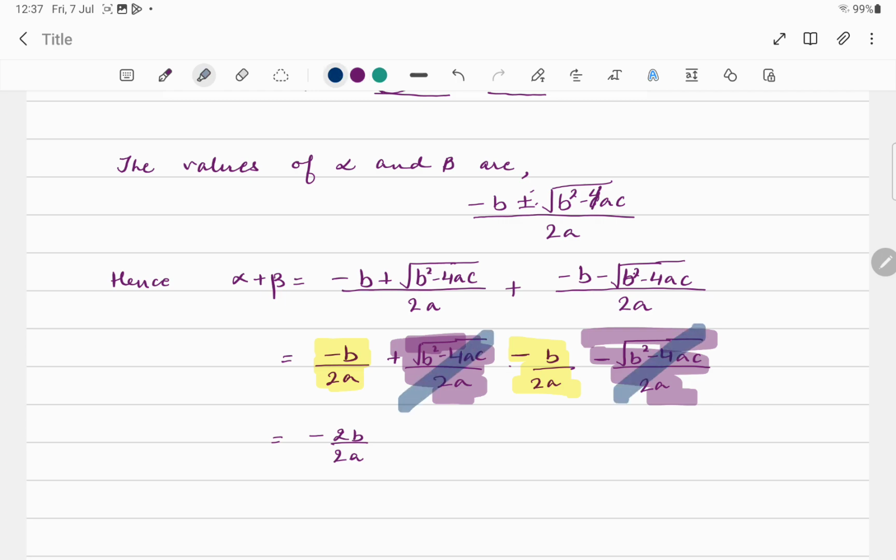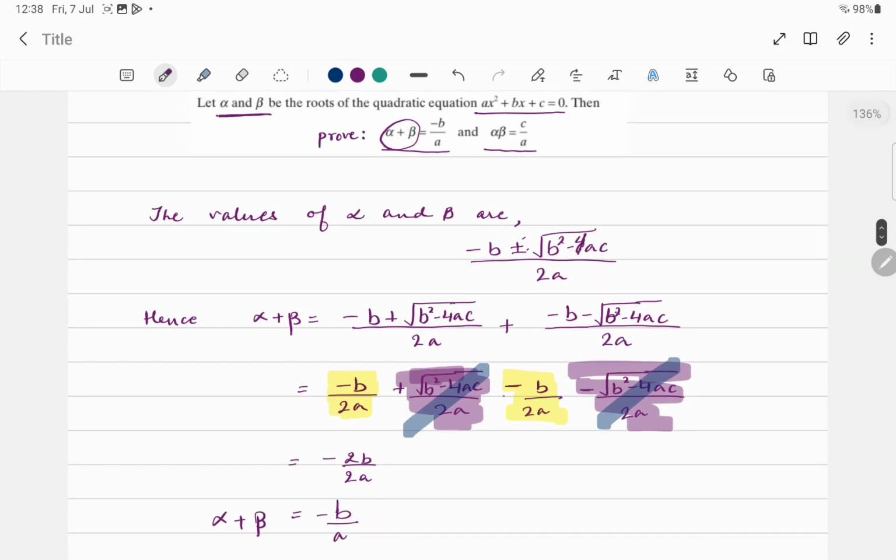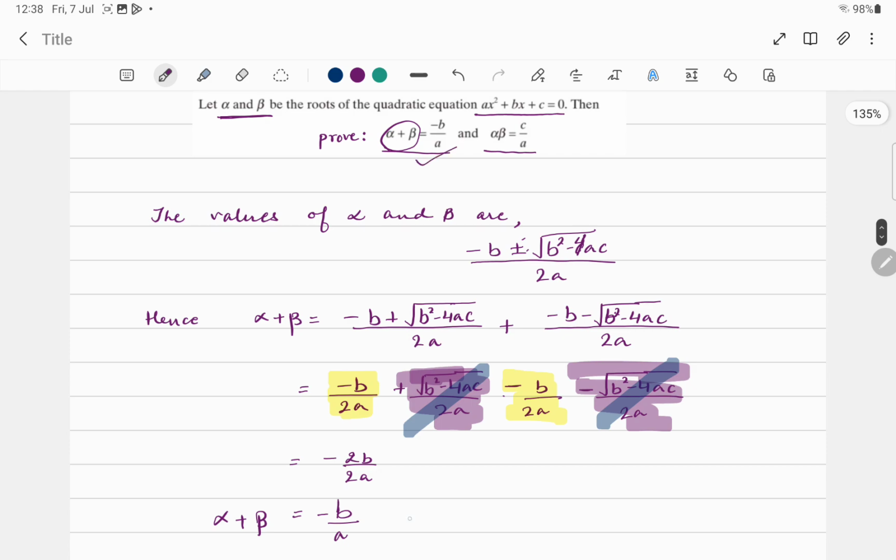We are left with nothing there. So when we simplify this, we have minus b over a, and that is what we had to prove. So alpha plus beta is equal to that, and this is our first proof. All right, so hence proved.